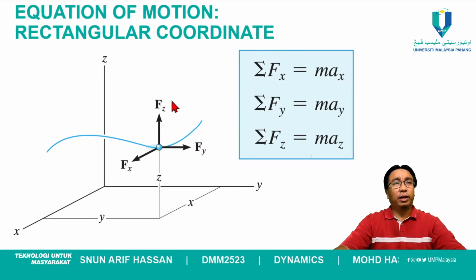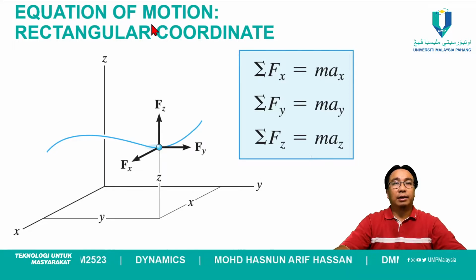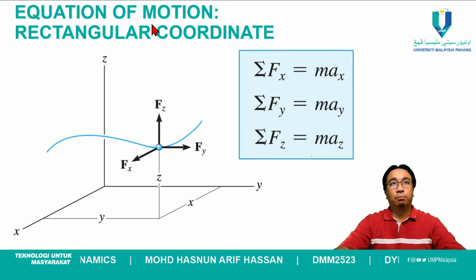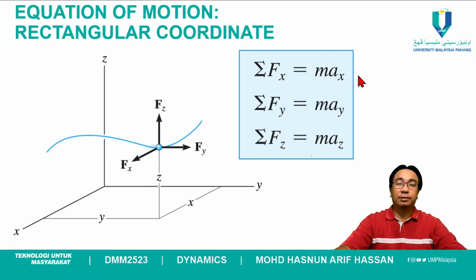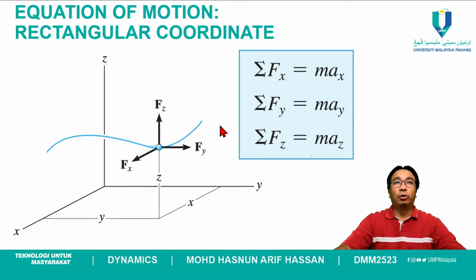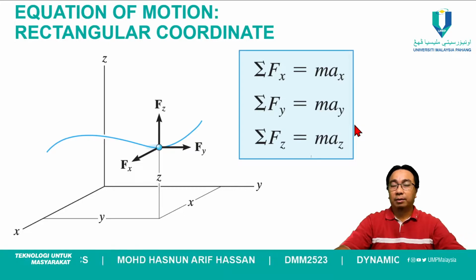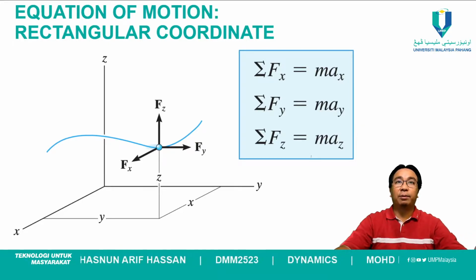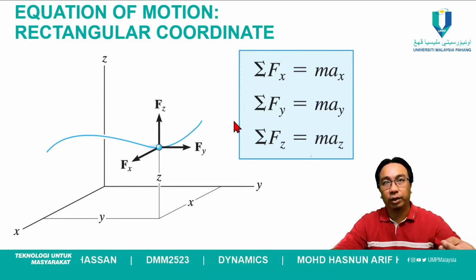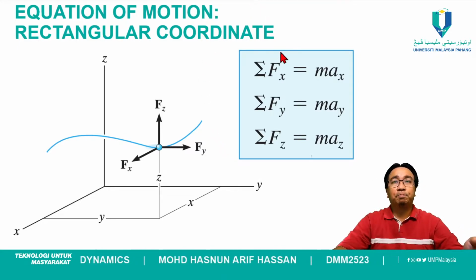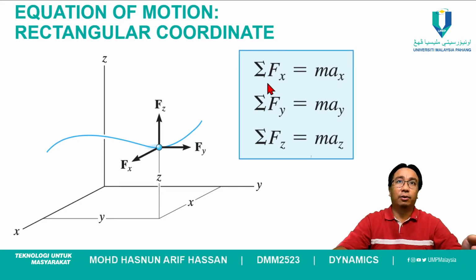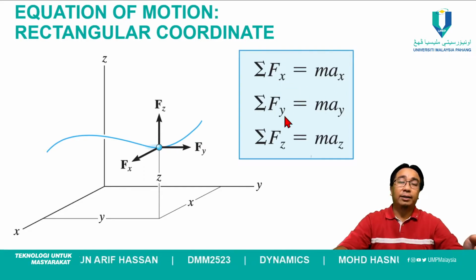This is what we have covered last week. Basically, when we are dealing with equation of motion in rectangular coordinate, we have three equations that we can use. Normally, when we are talking about problems in two dimensions, most of the problems that we discuss in this class are two-dimensional problems, so we are going to focus only on the x and y axis.